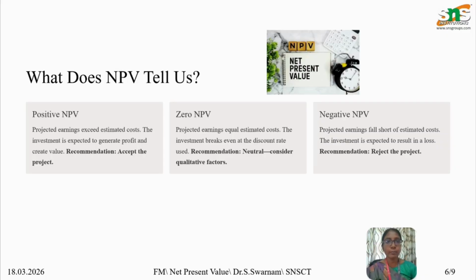That means if your company is earning a profit when compared to the outflows, you can go for accepting the project. Zero NPV means the inflows and outflows are equal, and there are no profits; it is neutral. In this situation, the company might decide to consider or not consider the project.